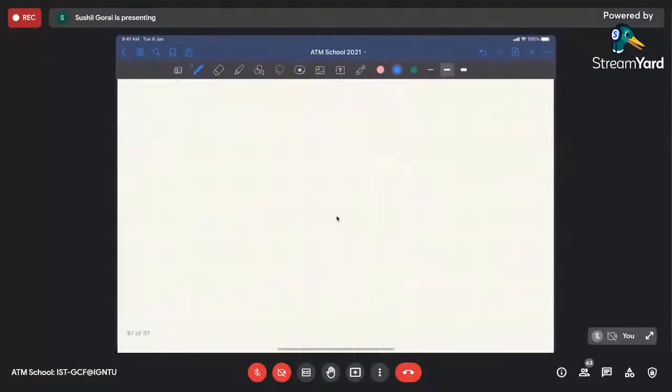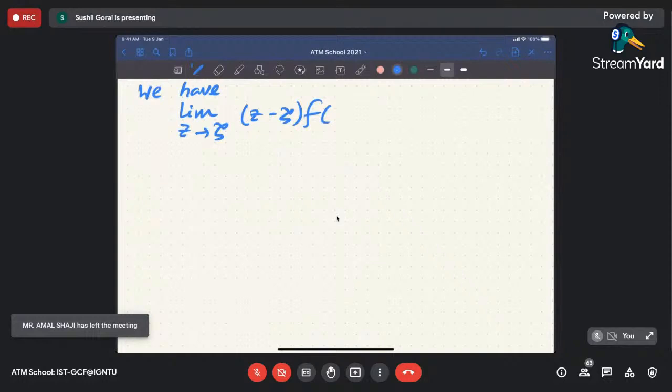Next, by assumption, limit z tends to zeta of (z minus zeta) f(z) is 0.